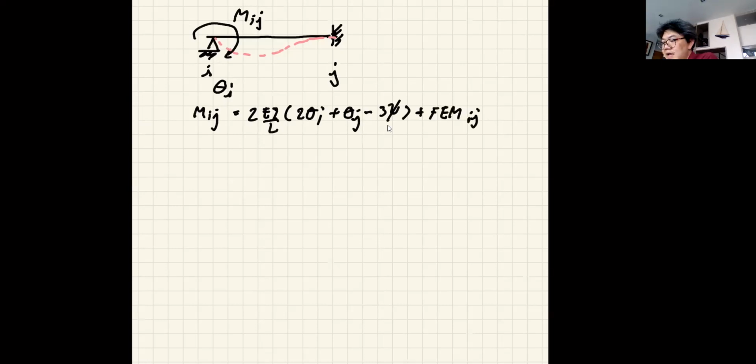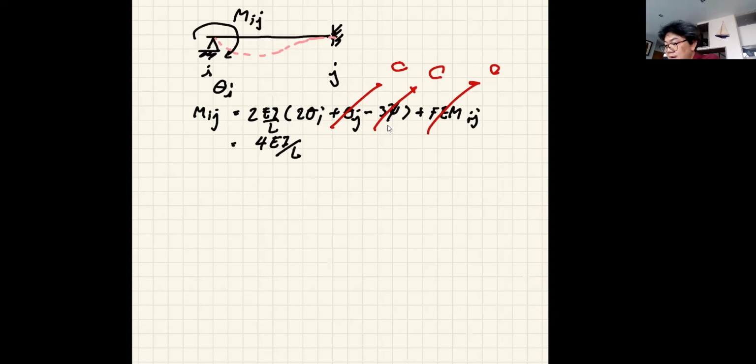But like I say, we focus only on MIJ and the fact that joint I rotates. So for now, I can say zeta J is 0 because I focus on joint I. And the psi term is also 0. And we don't have fixed end moment. So I can write down MIJ as 4EI over L zeta I.